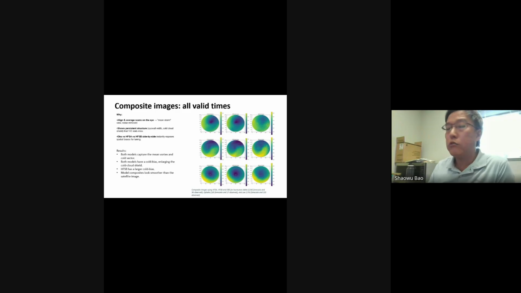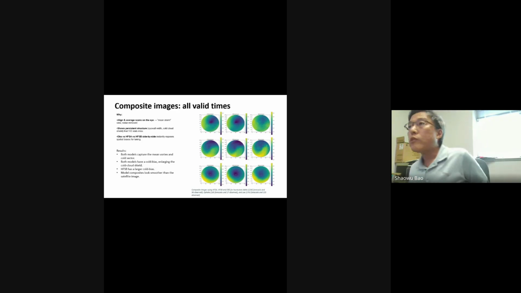So by adding all these different times together, hopefully the noise cancels out. So we have a more systematic view of the brightness temperature of the hurricanes. Also, because I have been looking at several thousand images, it's really impossible to draw a systematic conclusion from these thousands of individual images.